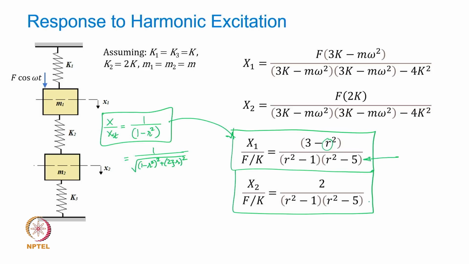Remember, the denominators are identical, which means that at a certain value of r, both x1 and x2 will have large amplitudes. So for a multi-degree of freedom system, when it vibrates naturally, when it executes a free vibration in one of the natural frequencies, all the masses move with the same frequency.